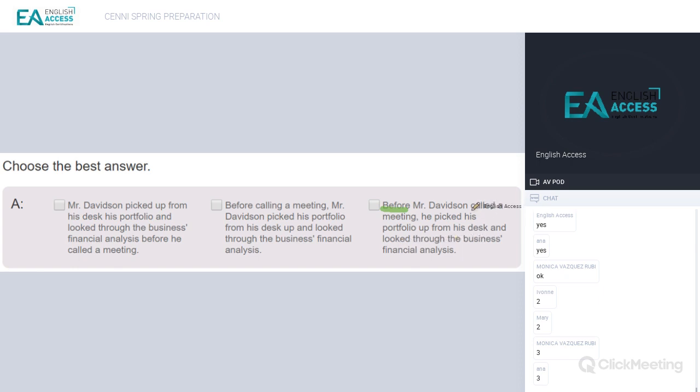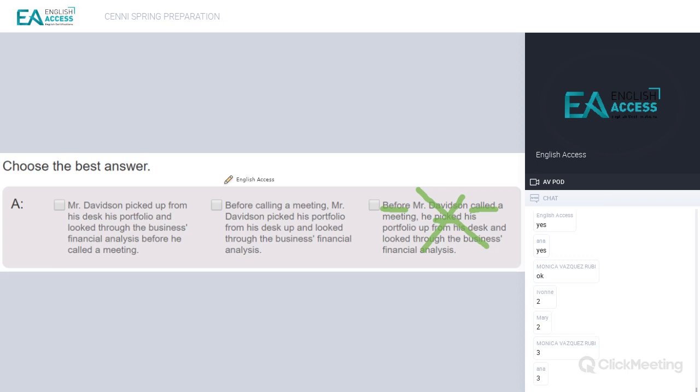Since this says called, this needs to be had picked, in past perfect because of the word before. Because this happens second, called, and picked happens first. So this is not correct because this is not in past perfect, right?